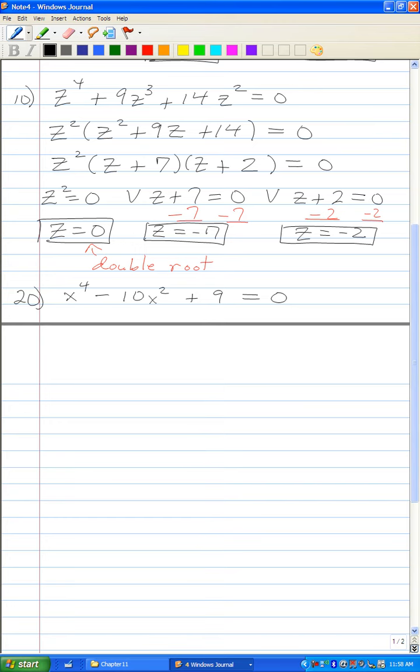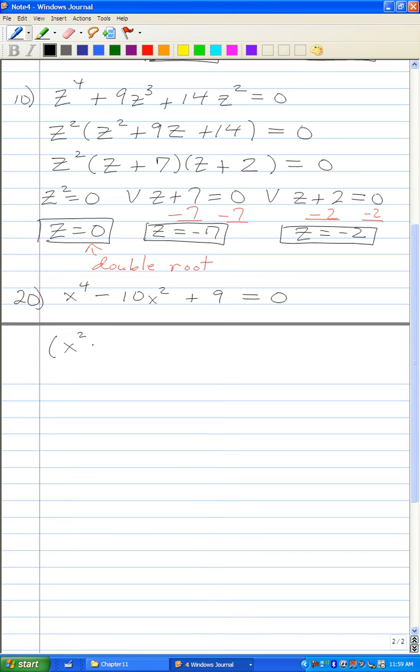This is actually quadratic in x squared. And so this looks like x squared squared minus 10x squared plus 9. So it really looks like a polynomial that's quadratic in x squared. And so I can see if I can factor this.